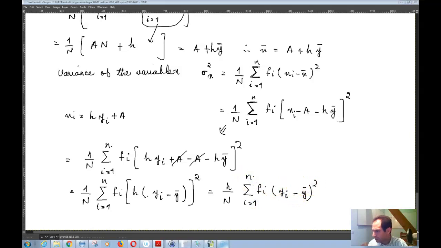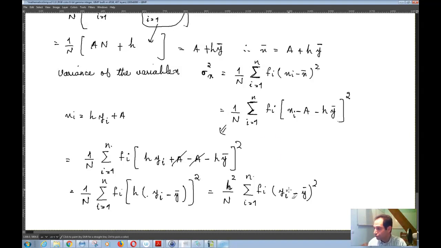And I think that's it. Of course this is supposed to be h squared because h was raised to the second power. So this is h squared over n sigma f of i times y of i minus y bar whole squared.